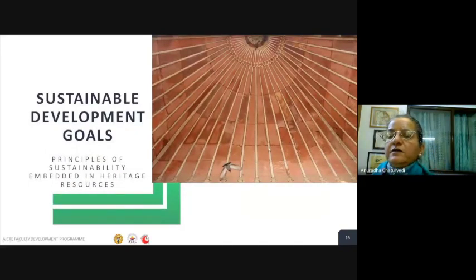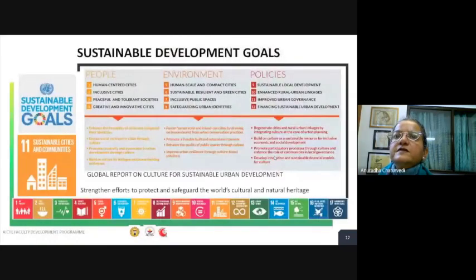So when we talk about the various programs and the various schemes which are intended to ensure that our commitment as a country is fulfilled by 2030, it's necessary also to recognize that there are certain principles of sustainability which are embedded in our heritage resources and which have helped to sustain and ensure the development of communities over more than thousands of years in some cases.